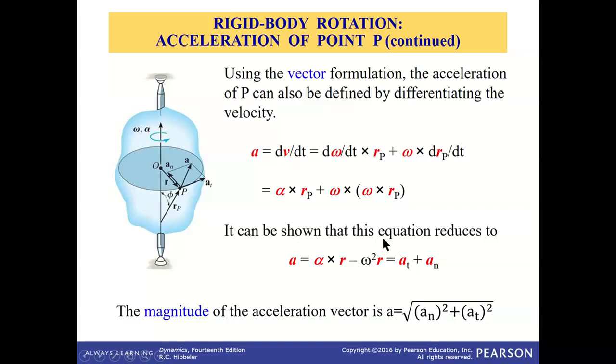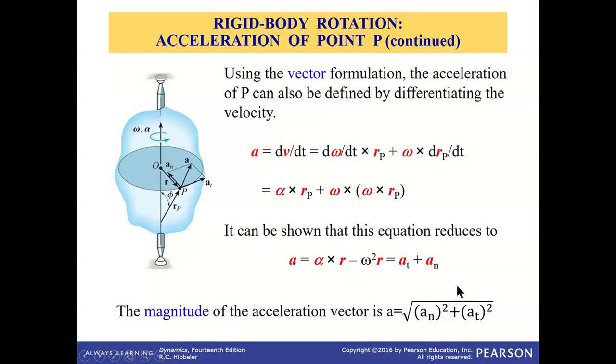It can be shown that this equation can be reduced further to A, which is alpha cross R minus omega cross omega becomes minus omega square and R stays as a vector. So remember, with this equation, this omega is scalar, it's not vector.